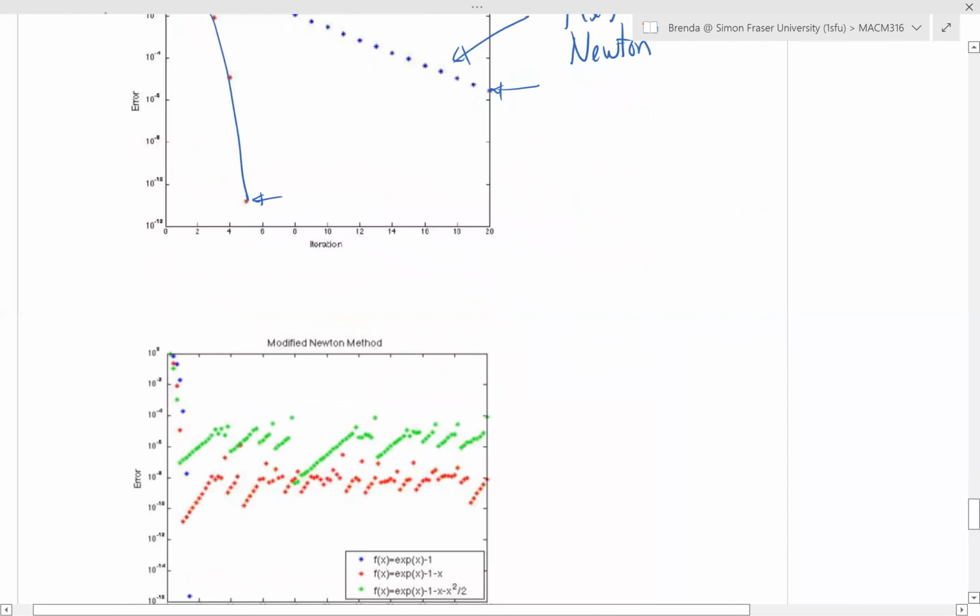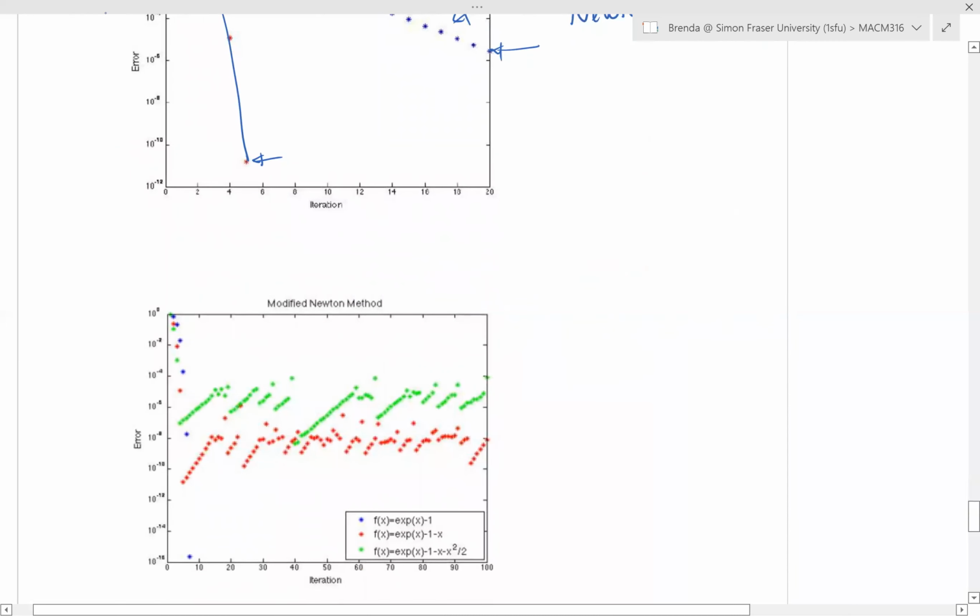Okay. Now, however, once we get roots of higher multiplicity, we have to make a lot more calculations. So we can see this is a graph of the error versus the number of iterations, the error being the distance between your latest estimate of the root and what the root actually is. And you can see what's happening.